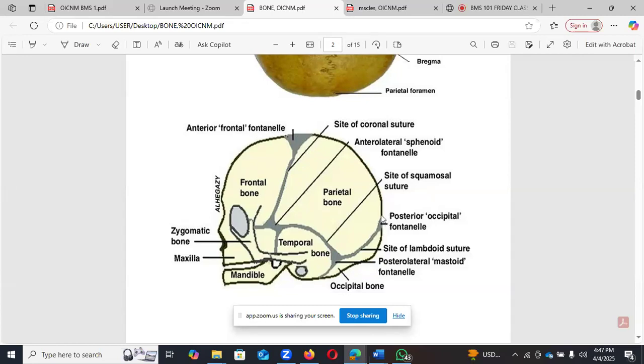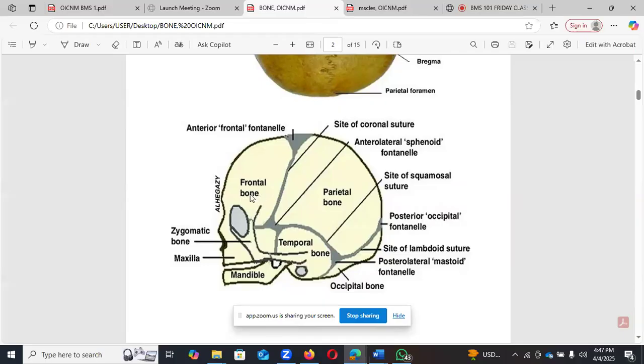You have another one posterior here. The back one is called the lambdoid suture, while the front one is called the coronal suture. The lambdoid suture makes an angle here, which is called the posterior fontanel.